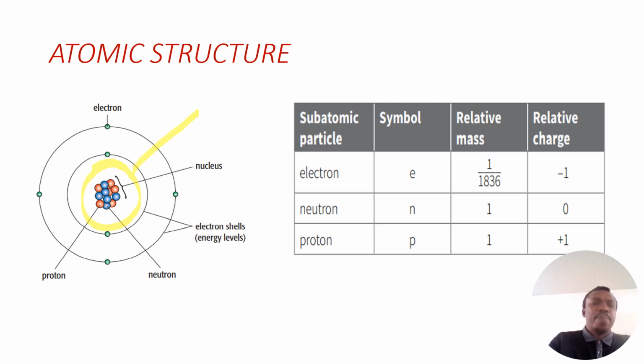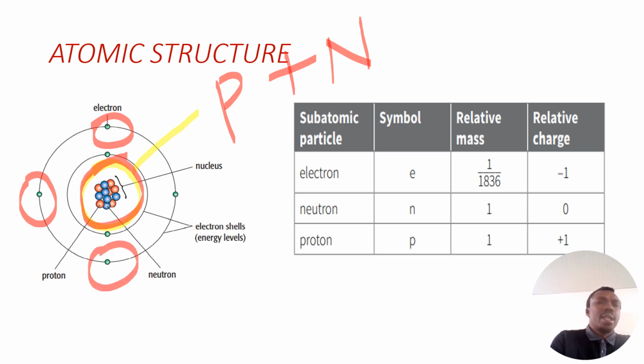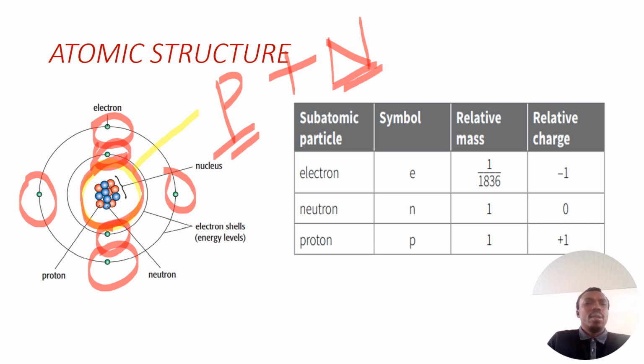So there you have the proton plus the neutron, which is the nucleus of an atom. You can see the electrons revolving around the shell. So the protons and the neutrons make up the nucleus of the atom.